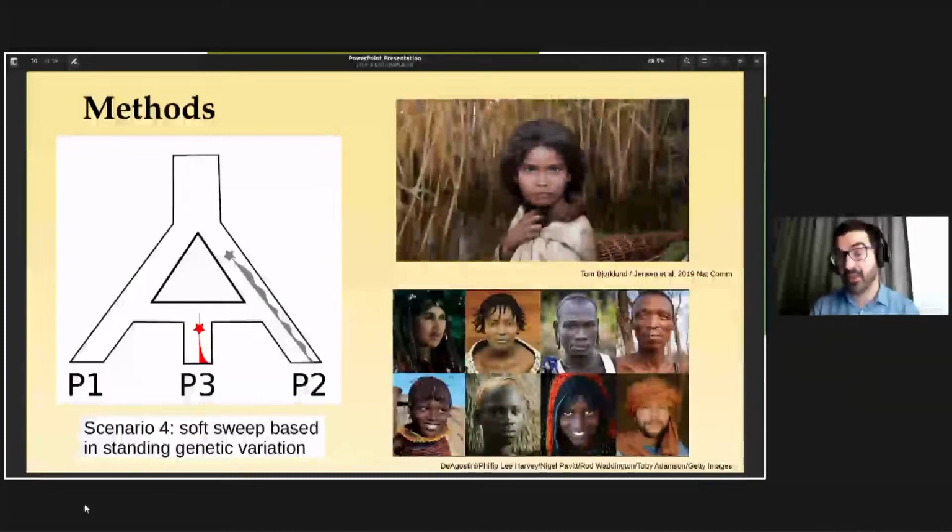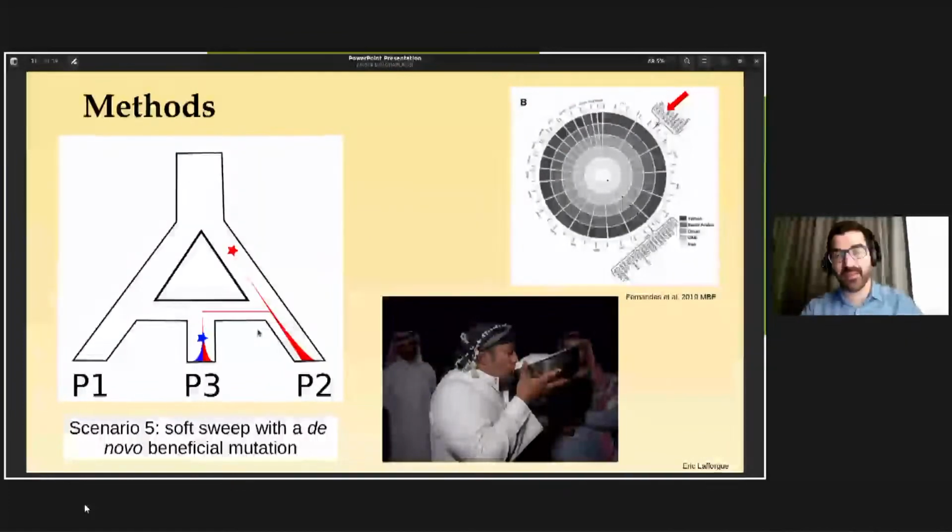So this would be, for example, the genetic diversity of Africans before they left Africa 80,000 years ago, where there was the potential of having all skin colors possible, but only after migrating to higher latitudes, where the UV light is weaker, did they adapt to have less melanin to be able to produce vitamin D, so that the dimmer UV light could penetrate through the skin and produce vitamin D. This is an example with humans, but we have plenty of examples in the literature with wild species too, and adaptations.